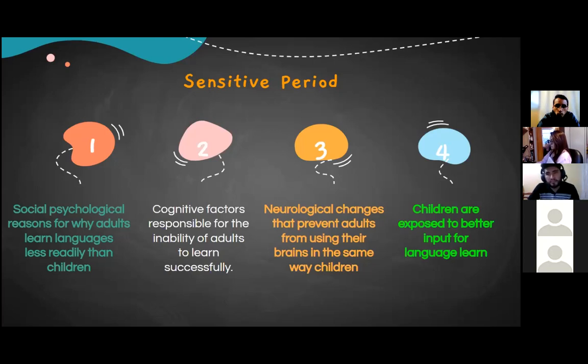This is usually presented as a loss of plasticity or flexibility in the brain. And finally, children are exposed to better input for language learning. The assumption here is that the type of modifications adults make for children provide better data about language. Next.